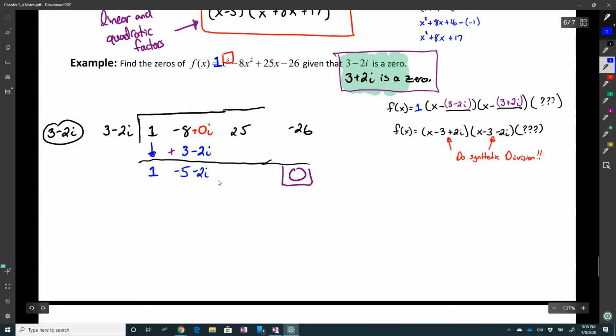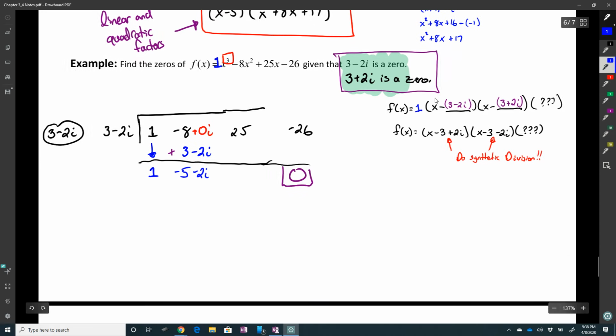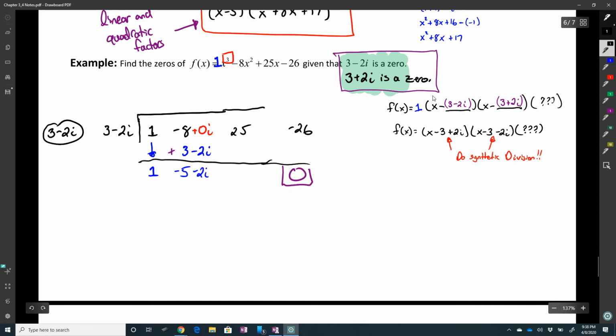Now we're going to multiply negative 5 minus 2i times 3 minus 2i, just like we were doing up above. It's just FOILing. First times first is negative 15. Outer, first times last is minus 6i. Inner, negative 2i times negative 5 is positive 10i.